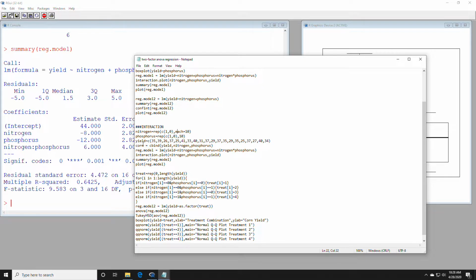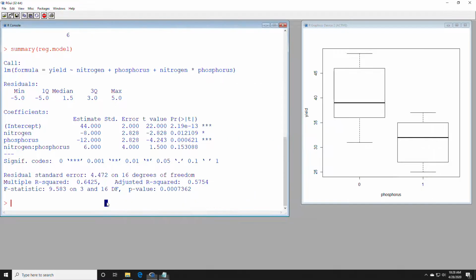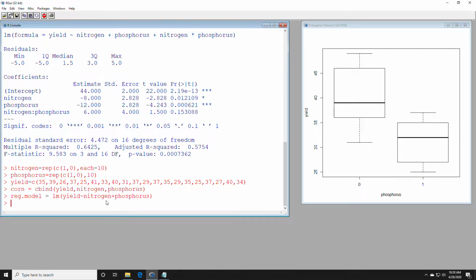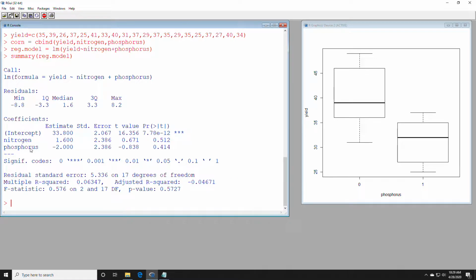Okay, so basically the same three variables, but I'm going to modify the data, okay? So we still have our three variables, nitrogen and phosphorus as our predictor variables, and corn yield or crop yield as our variable of interest.